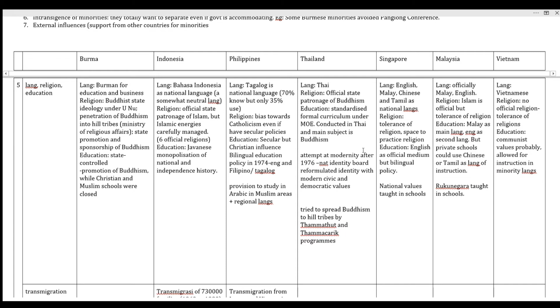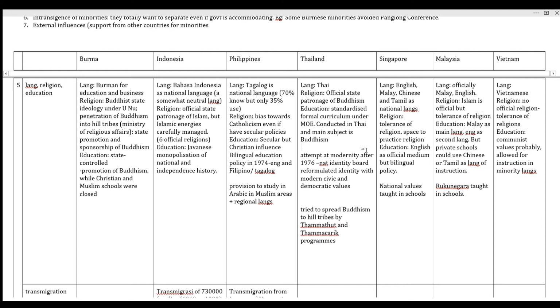So in Burma, they decided to go with the majority route, which is to use Burman, or Burmese, I don't know. They use the language for education and business, and the religion is Buddhist state ideology under U Nu, which means the hill tribes are not particularly excited about this, because they purposely try to penetrate Buddhism into the hill tribes using the Ministry of Religious Affairs, and they also promote and sponsor Buddhism.